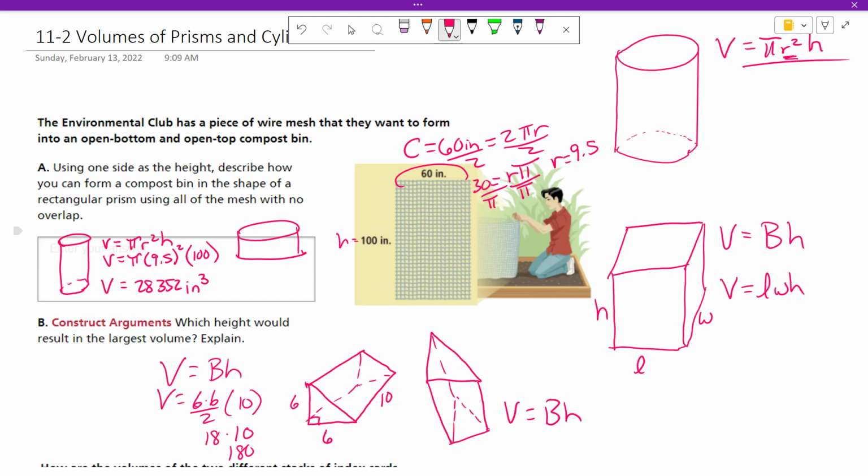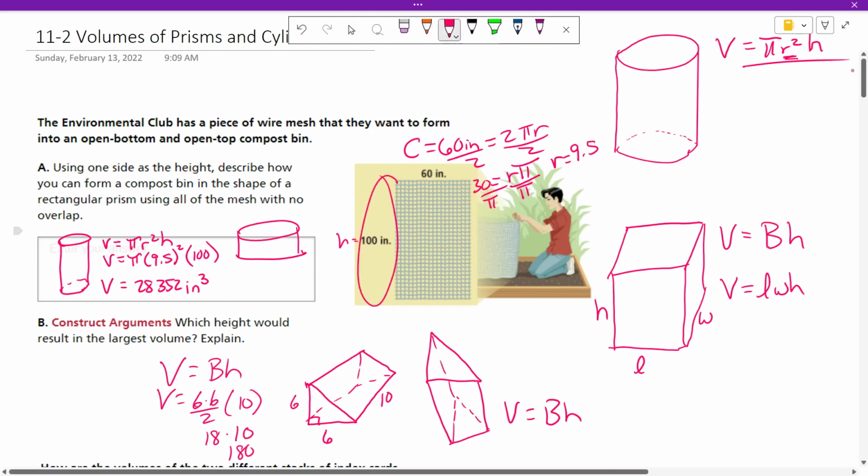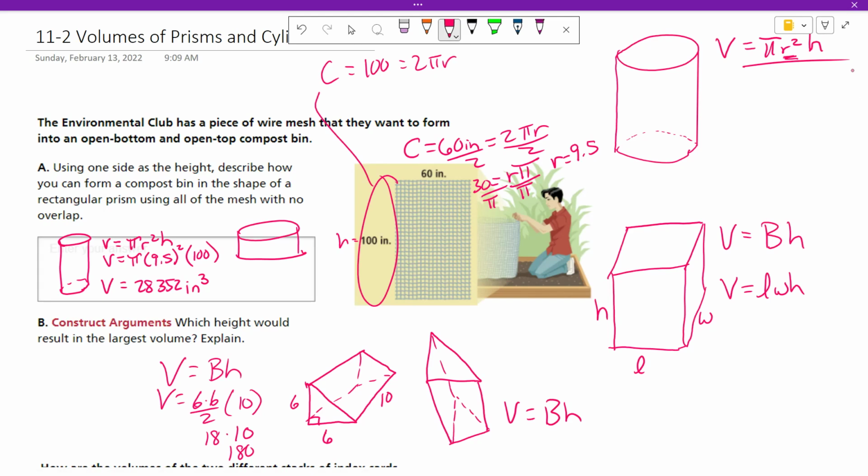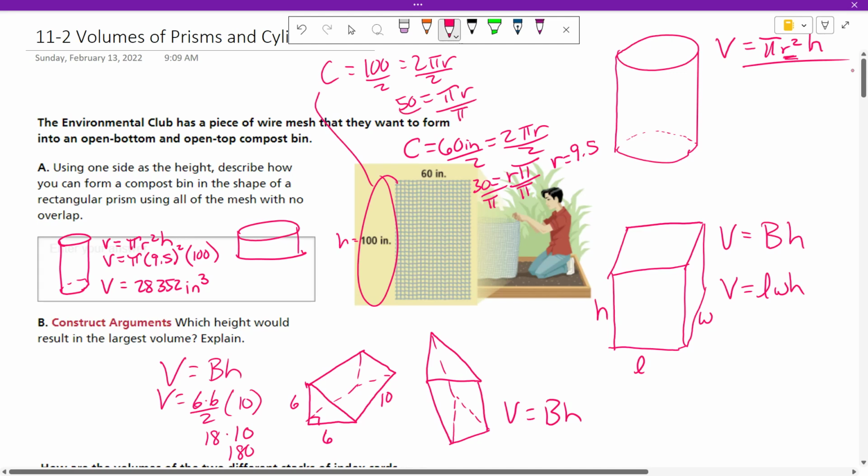Okay, so then we have to think about it wrapping around this way. The circumference is 100, which equals 2 pi r. So divide by 2. 50 equals pi r. Divide by pi.